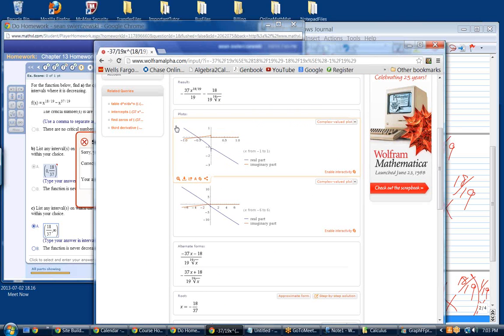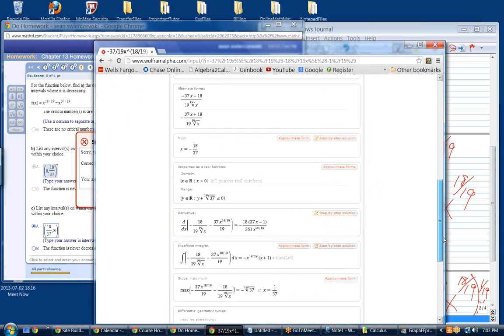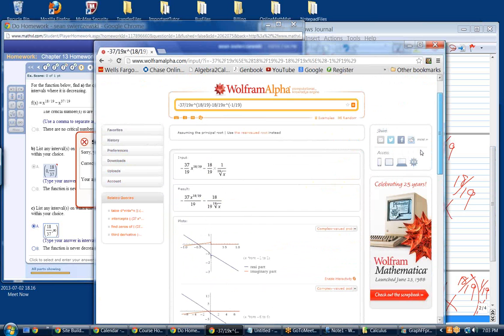This is the derivative function, and it's decreasing from negative infinity to 0, and then again from 0 to infinity. This is very confusing. I feel like I've typed in a mistake here or something.